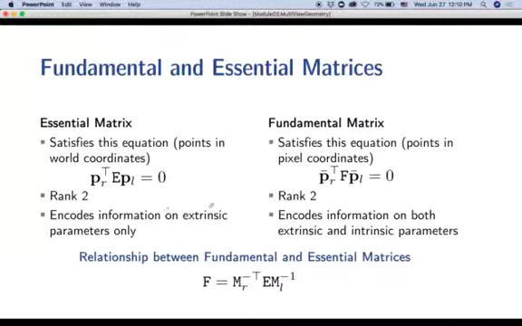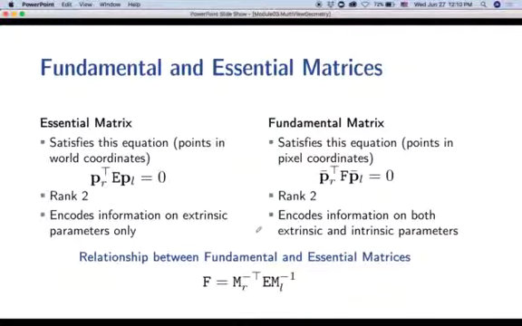The essential matrix encodes information on extrinsic parameters, but the fundamental matrix encodes information on both extrinsic and intrinsic parameters. What's the relationship between the fundamental and essential matrices? They are related by the relationship which we derived.